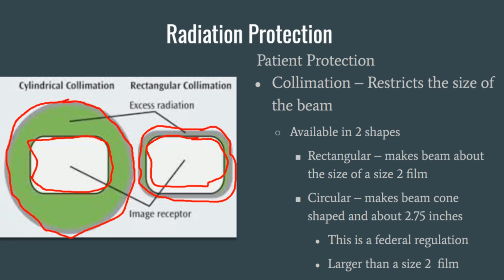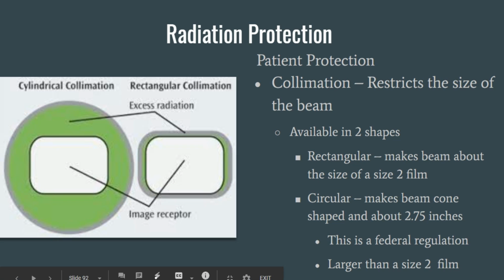So you can see the difference in the amount of skin or the amount of tissue that is going to be irradiated. So the rectangular collimator is going to be better, but that's not necessarily up to you. It's when the manufacturers make the machine, what they determine is best for their machine.